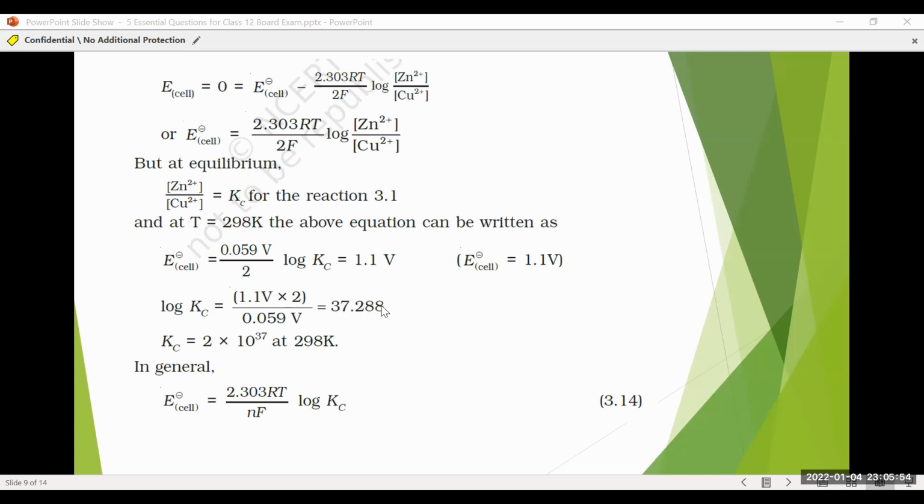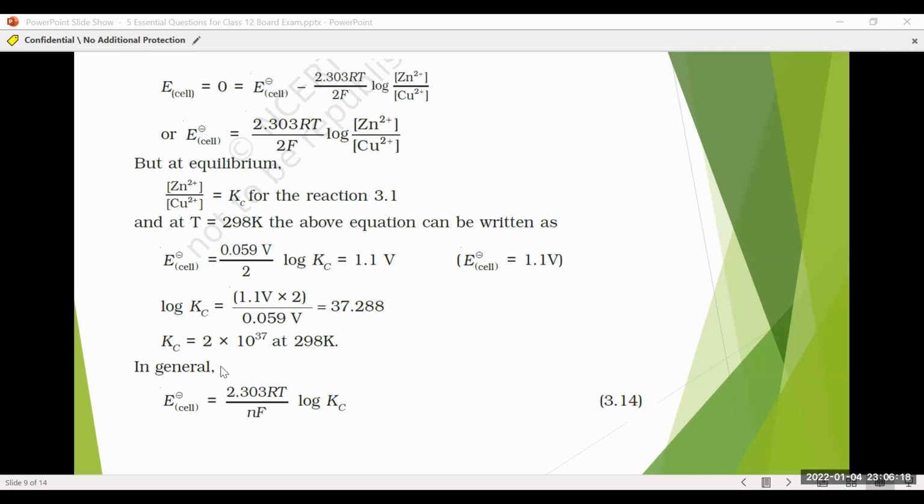We are not taking the remaining ones, because antilog and log are inverse of each other, we will put that number as 2 into 10 raised to power 37. We look at 0.28 under 8 place in antilog table. The value will come as 2 into 10 raised to power 37 at 298 Kelvin.